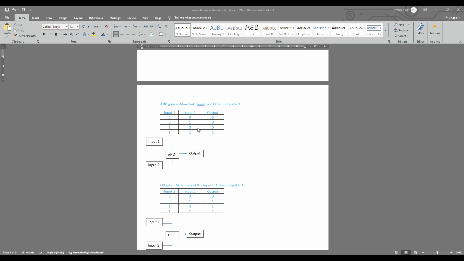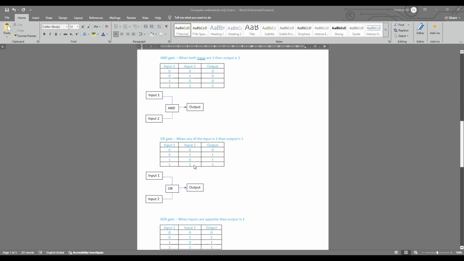Otherwise, in all other cases, if the inputs are 0 0, the output is 0. If input 1 and input 2 are 0 1, then the output is 0. If the inputs are 1 and 0, then the output is 0. When both are 1, the output is 1. That is the AND gate.